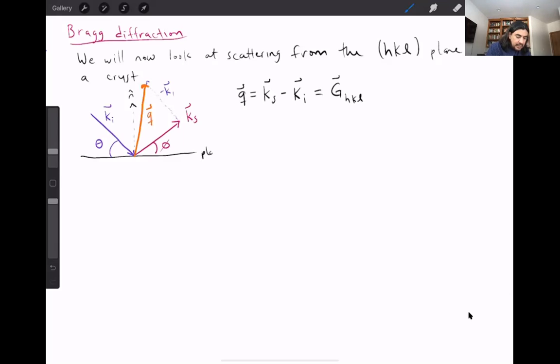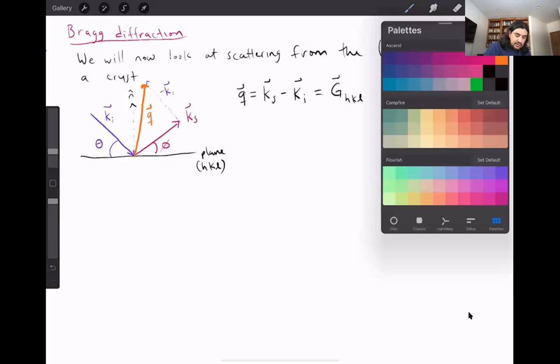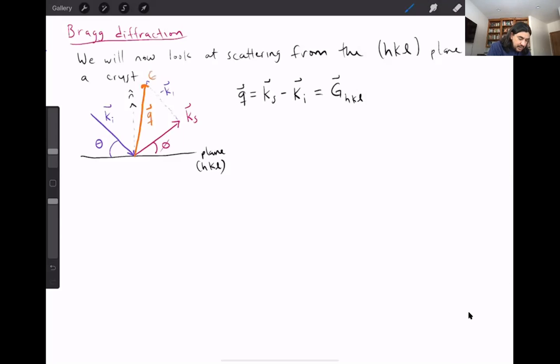So this is the plane in the HKL. And it turns out that that Q vector that I have up there is actually the same as this G vector, right? What that means is that the Q and the G are the same thing and they should match up with each other.